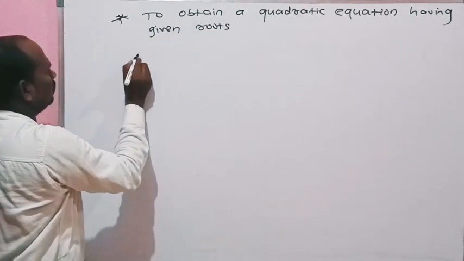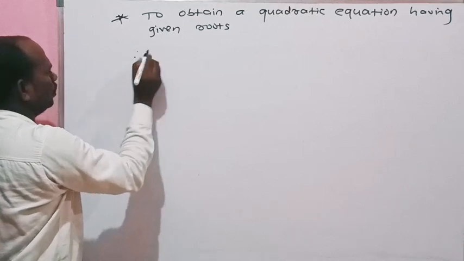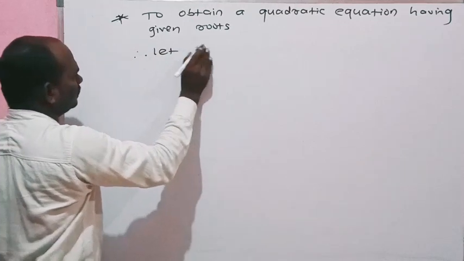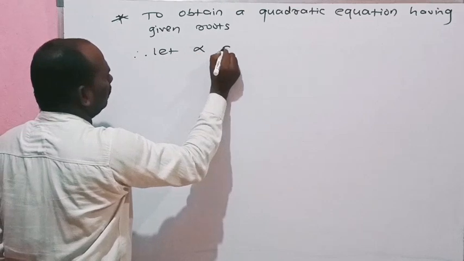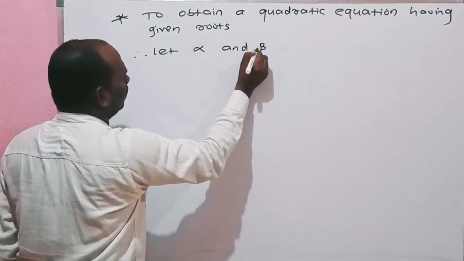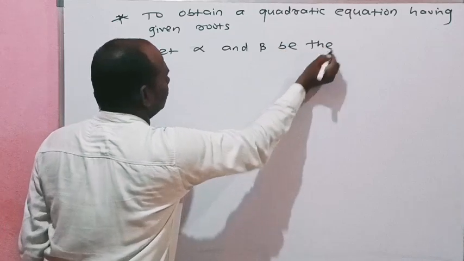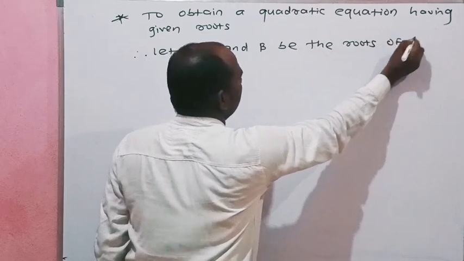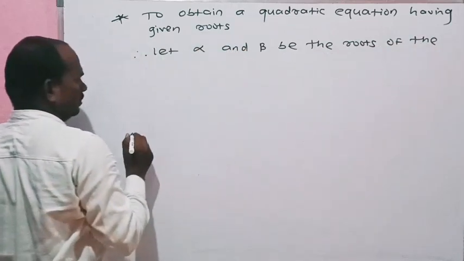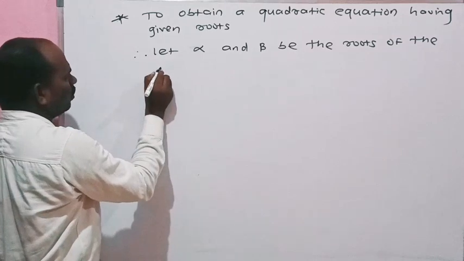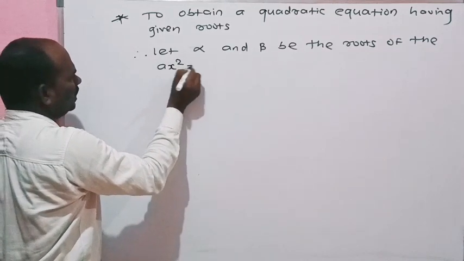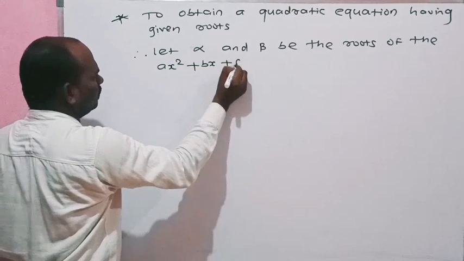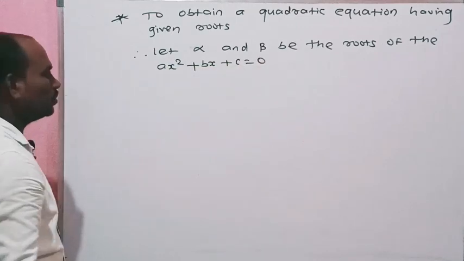Given roots. Therefore, let alpha and beta be the roots of the quadratic equation, that is ax square plus bx plus c equal to 0.